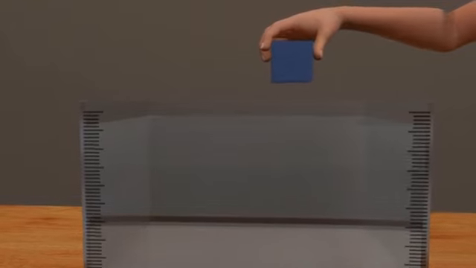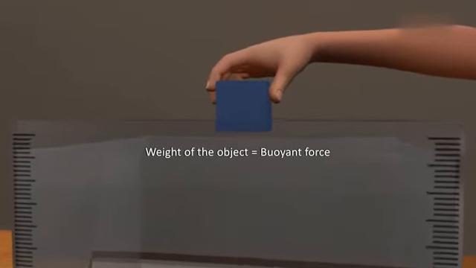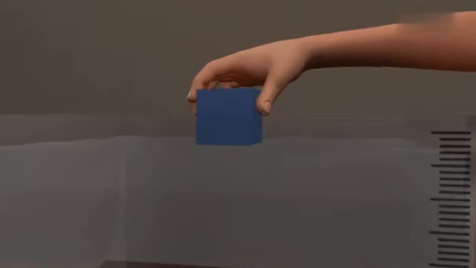The next situation is when the weight of the object is equal to the buoyant force. When the weight of the object is equal to the buoyant force, which is the same as the weight of the liquid displaced by the object, there is no net force, and as a result, the object neither rises nor sinks.